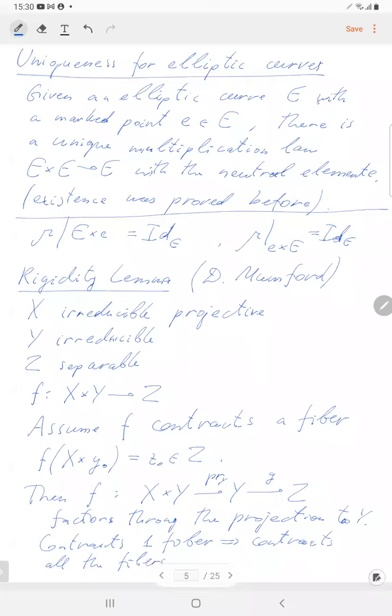Okay, this is the very useful rigidity result of Mumford.